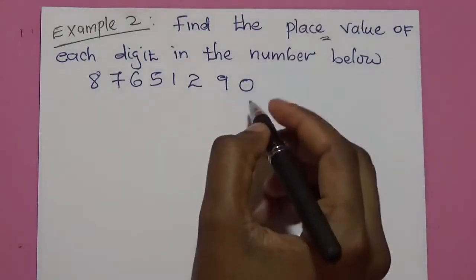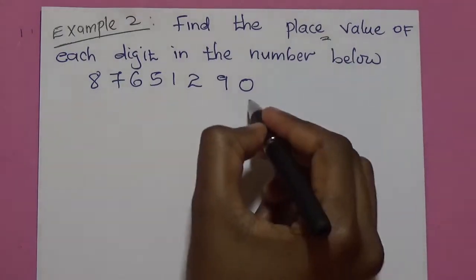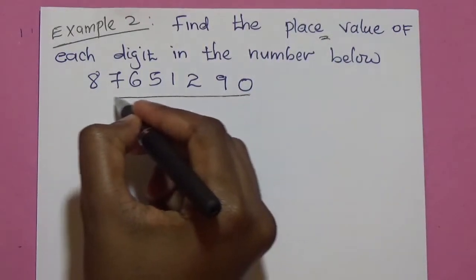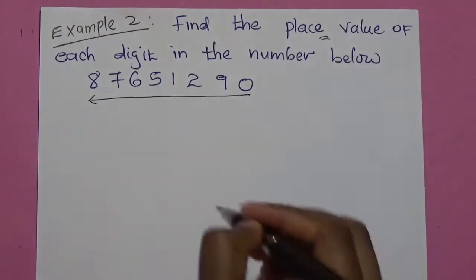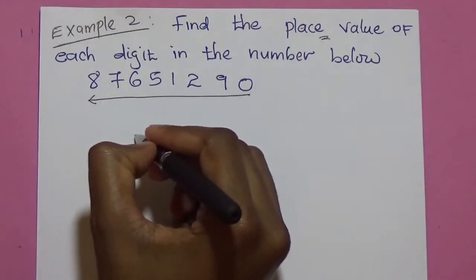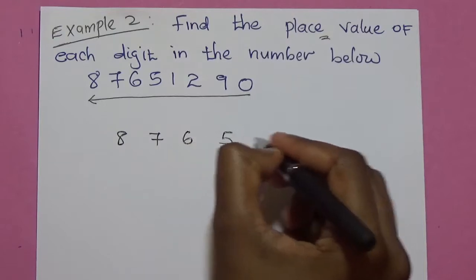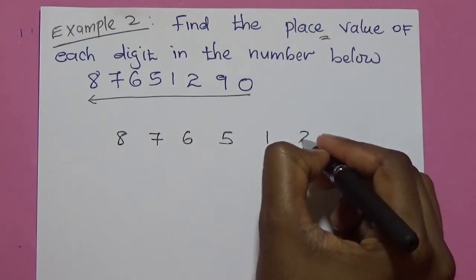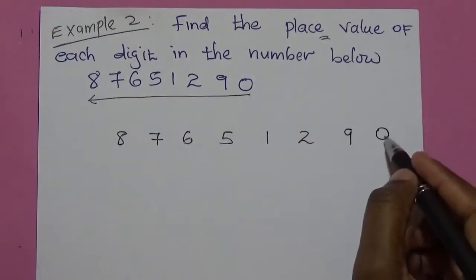So the first step, as we have seen in the first example, is you start on the right side going to the left side. So let us write this number down. You have 8, 7, 6, 5, 1, 2, 9, 0. So you start on this side.